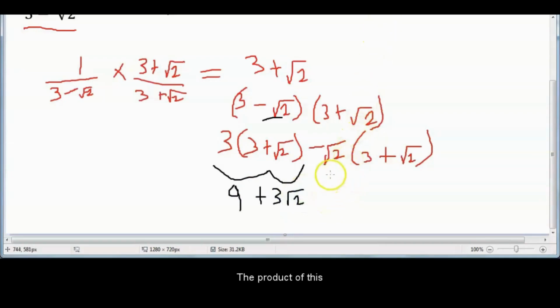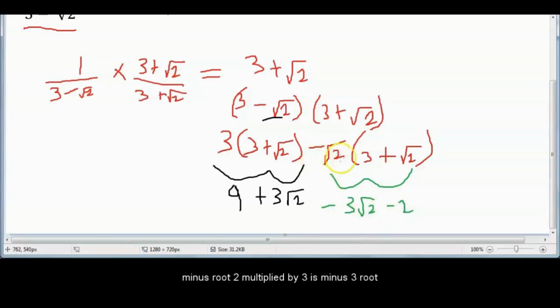The product of the second is minus 3 root 2 minus 2. Minus root 2 multiplied by 3 is minus 3 root 2. Minus root 2 multiplied by plus root 2 is minus 2. Root 2 multiplied by root 2 is 2. Minus by plus is minus.